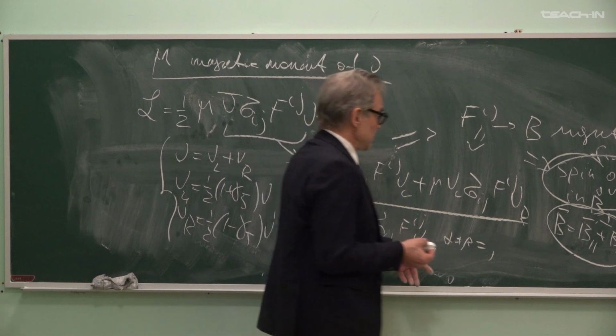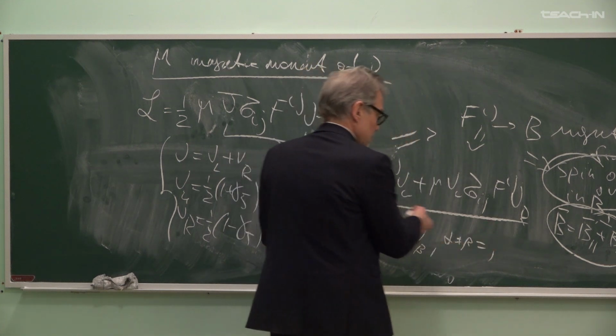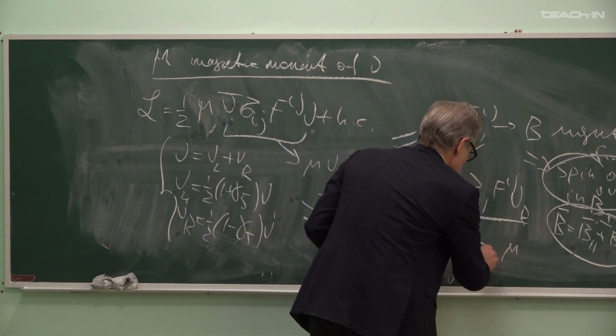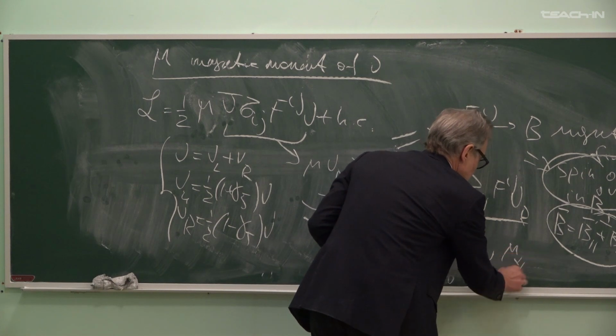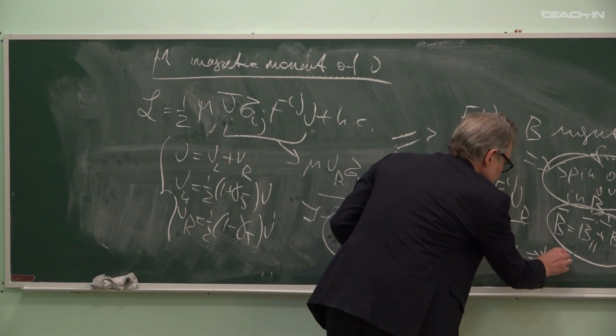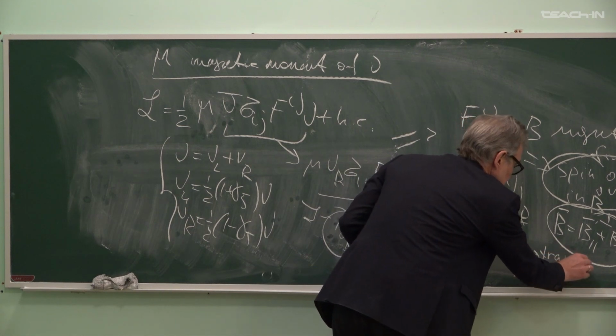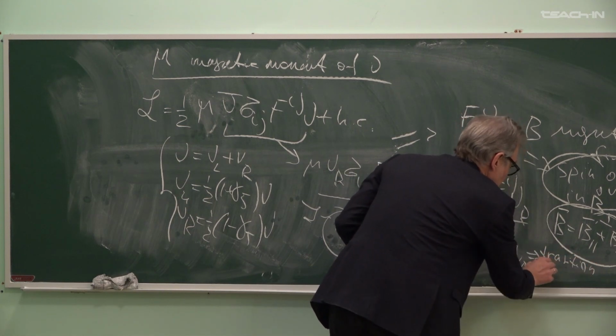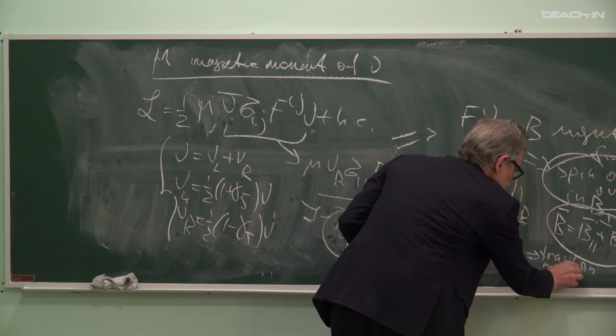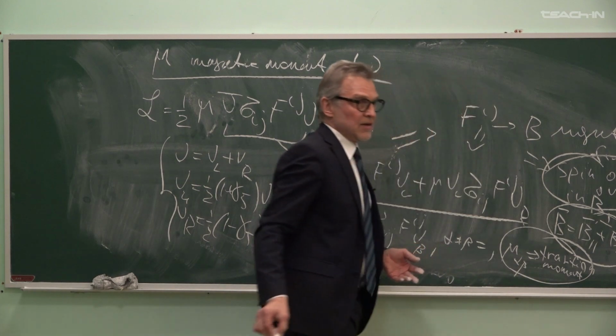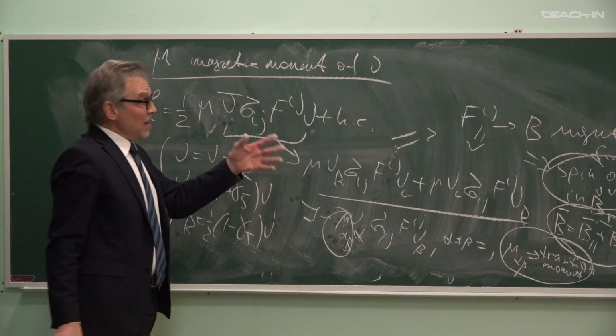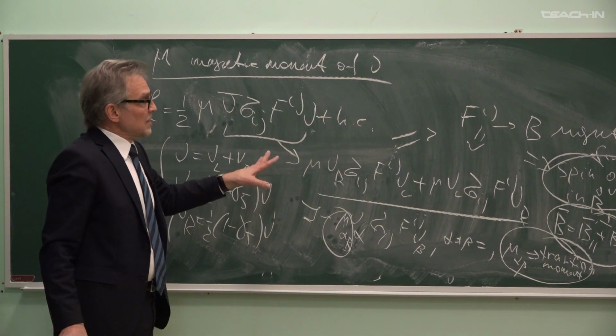And these coefficients are called transition magnetic moments. They are not diagonal.